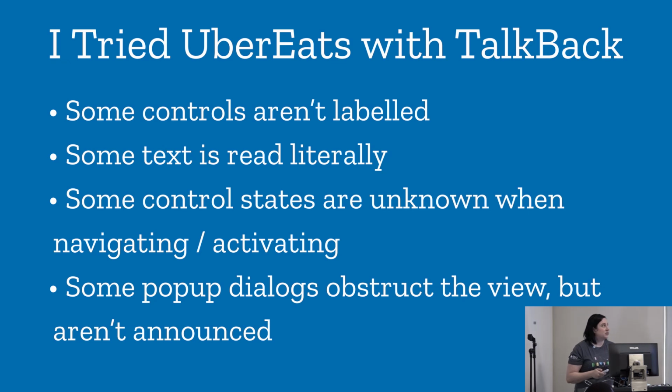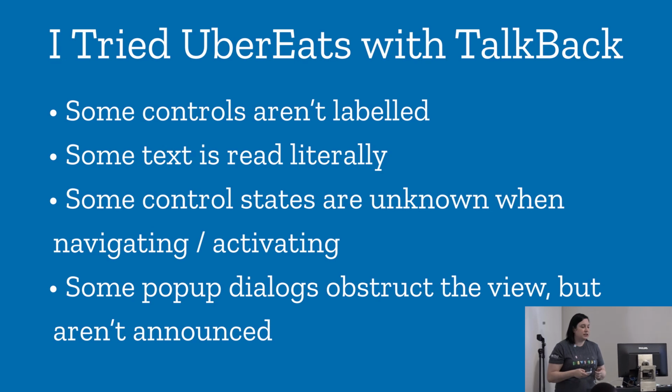Some control states are also not known, or it doesn't tell you when it's activated or that you're navigating it. And then the tipping and the rating dialog pops up, doesn't tell you that it's there, and obstructs the entire view, so you have no idea what's going on.